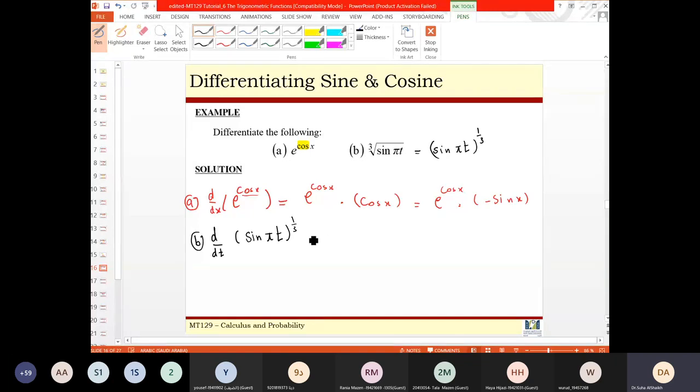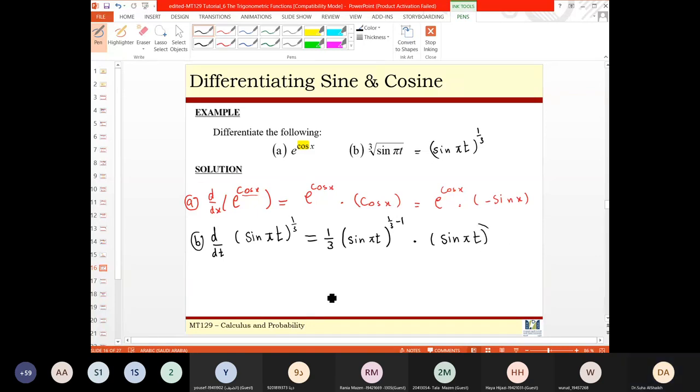So I have a bracket to a power third. So the derivative is 1/3 the bracket to the power third minus 1, of sine pi t, and we multiply with the derivative of what is inside, which is sine pi t dash.